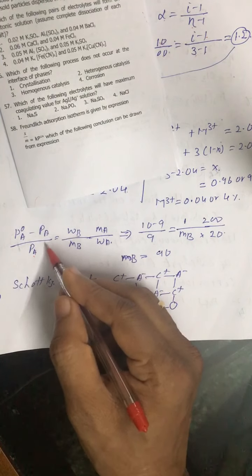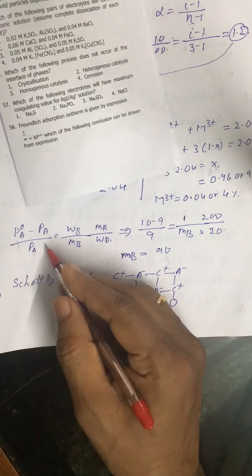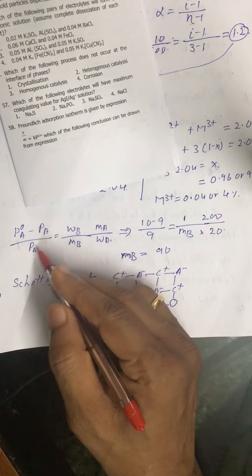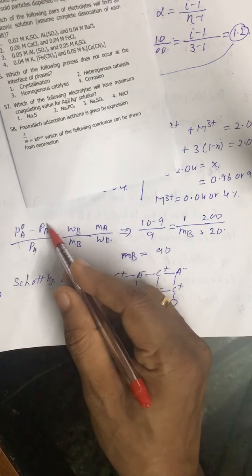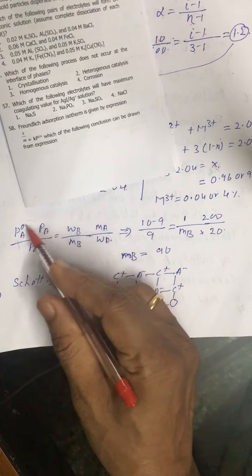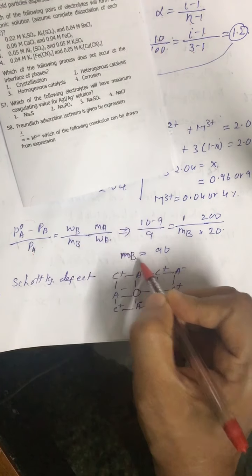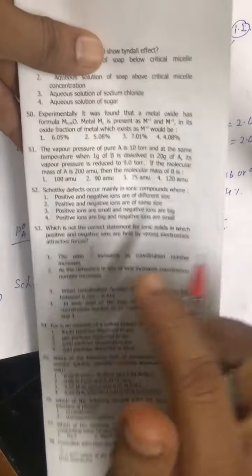But this relation gives you the accurate answer. So I used the second one. The only difference is that this is not the relative lowering in vapor pressure, but this relation gives you the accurate molar mass. So on calculation we are getting 90. Anyway, look at question number 50.